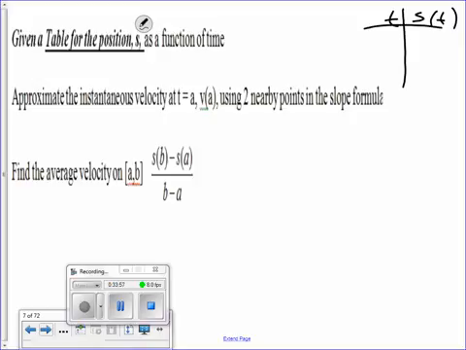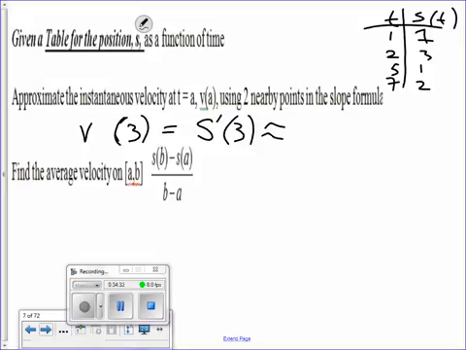So like if they said approximate the velocity at time 3, and they gave you 1, 2, 5, and 7, 3, 1. I just made up these points. But if they gave you the positions at certain times and said approximate the velocity, ooh, I wrote v prime, I meant s prime. Approximate the velocity, which is equal to the derivative of the position.